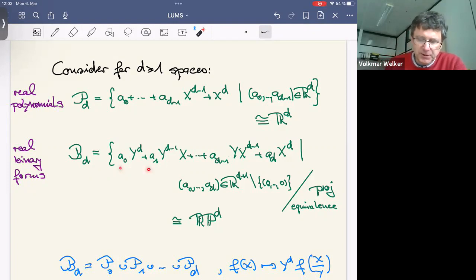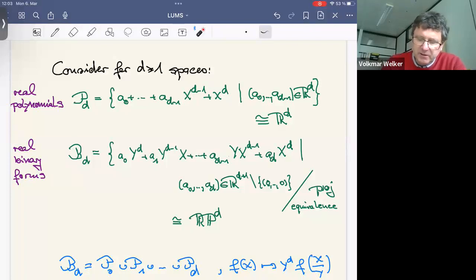Then we have coefficients, and we allow all coefficients except for the all-zero coefficient. In particular, this binary form will be of degree D because it is non-zero and has only monomials of degree D in its expansion.